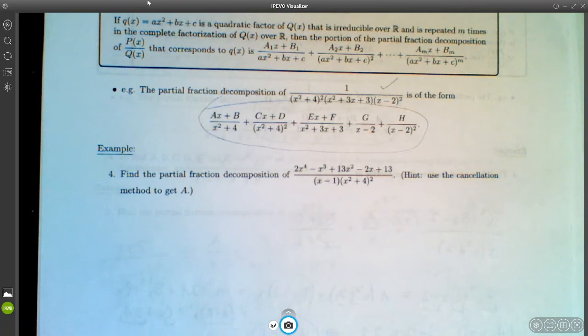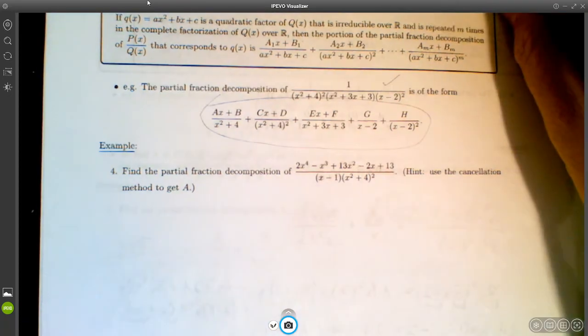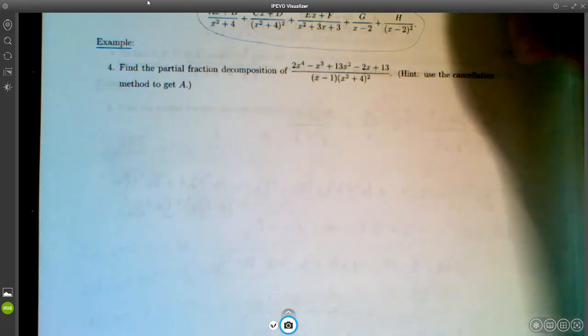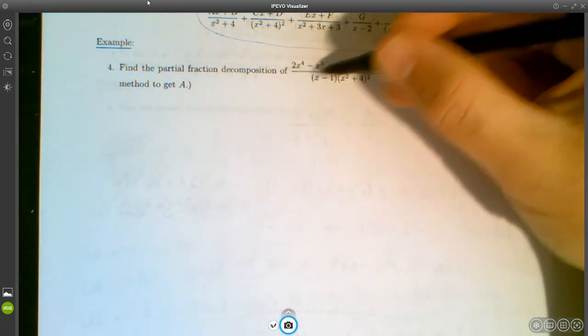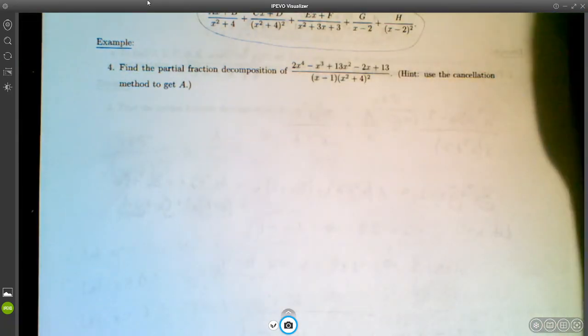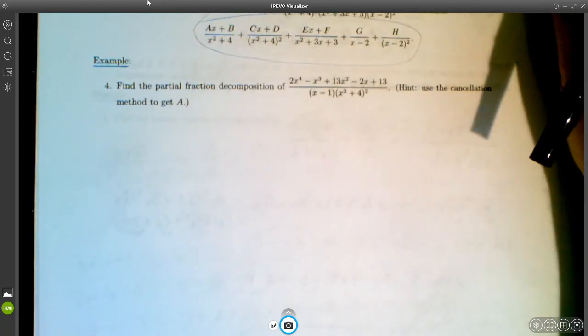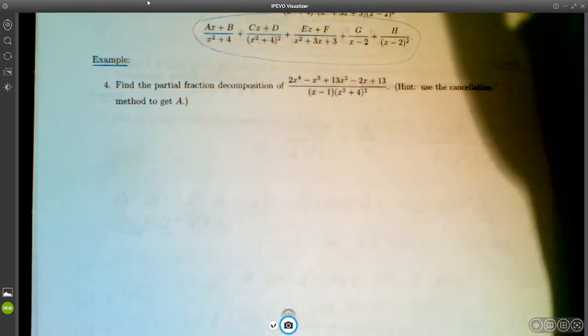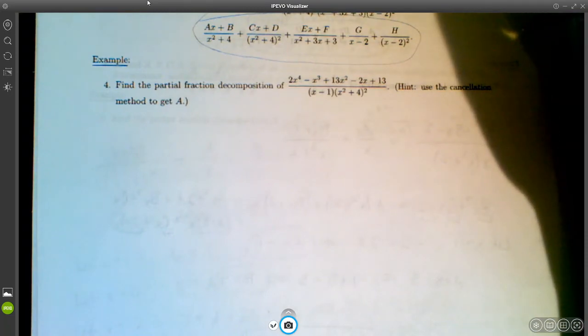So let me give you a completely separate example. I'm giving us a hint to use the cancellation method to get A. Well, of course, I've been using the cancellation method this whole time. But let's do this. Fortunately, this has been factored for us already, so at least that much work has been done, because I have a feeling that solving for all of our A, B, C, D, E, F, G's is going to take quite a bit of work.